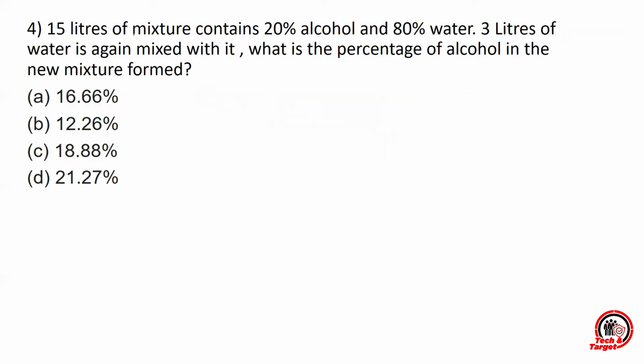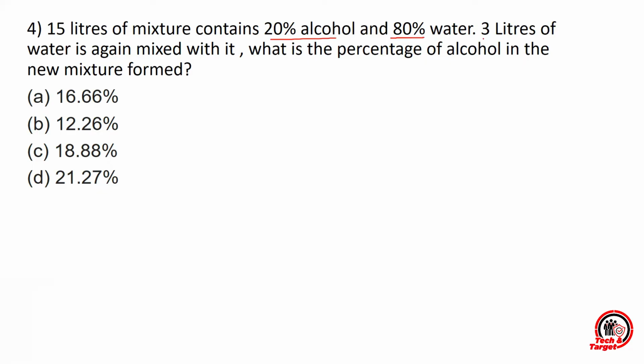They say that 15 liters of mixture contains 20% alcohol and 80% water, right? So there will be a total of 15 liters, and in that 15 liters 20% will be alcohol, and the remaining 80% will be water.